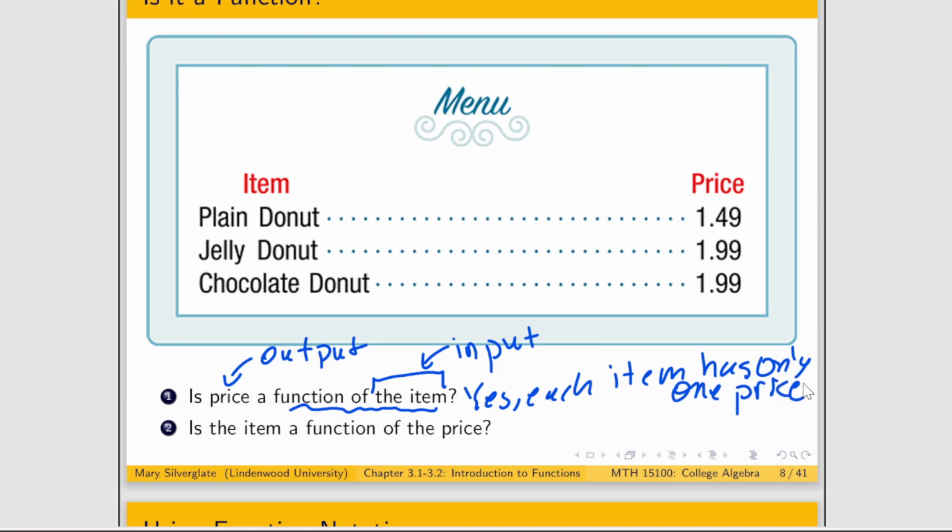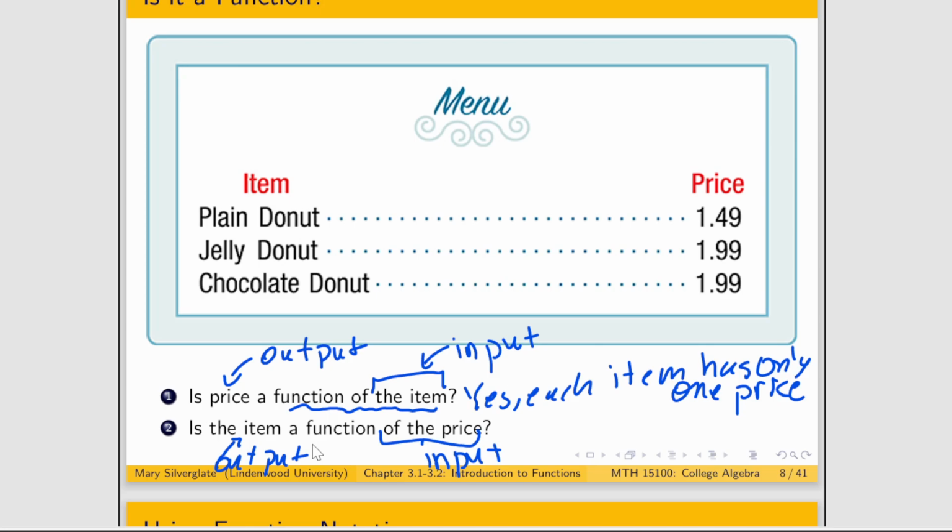If that was not the case, that would be an extremely strange store. If I asked for a plain donut and they're like, it'll be some price. That's not how business works, at least here in America. So we're going to have it where each item only has one price. Does it work the other way around? If I'm asking, is the item a function of the price? Now the price is the input and the item is the output. Does that work?